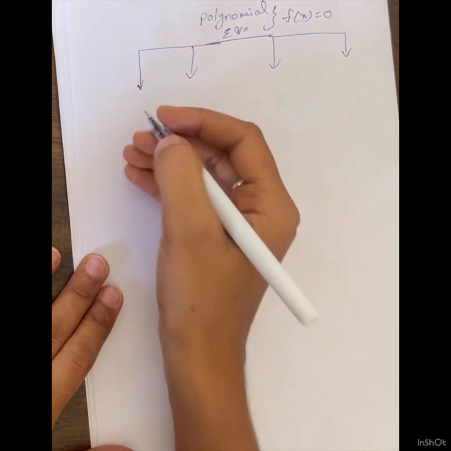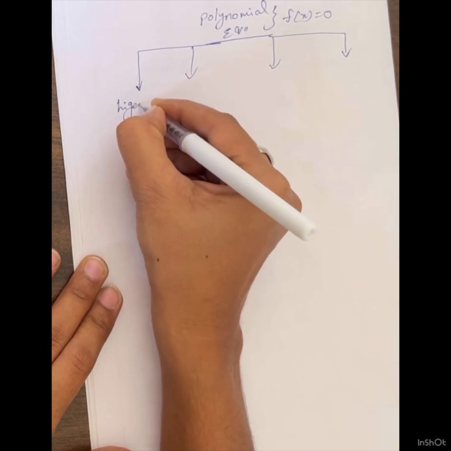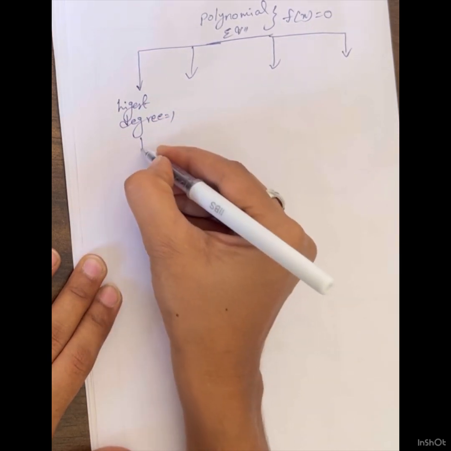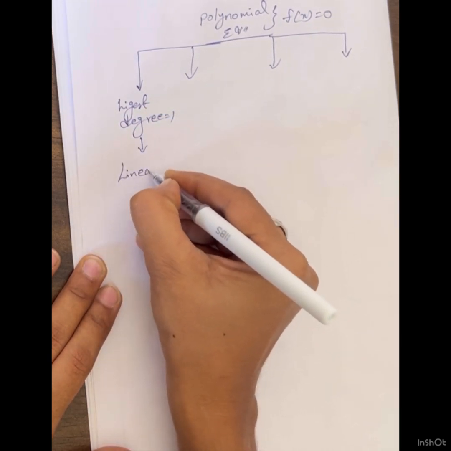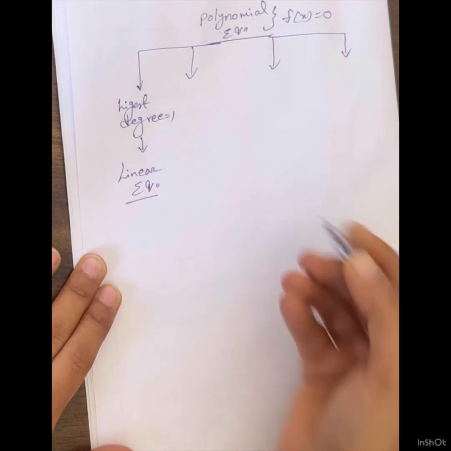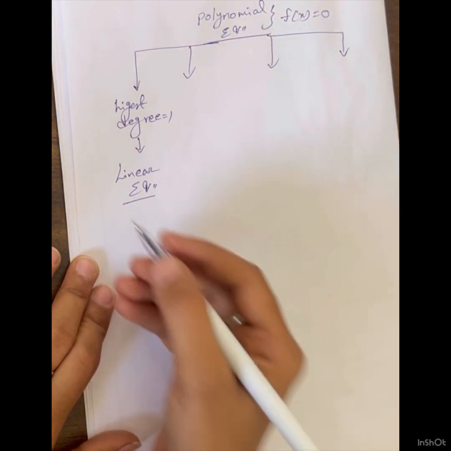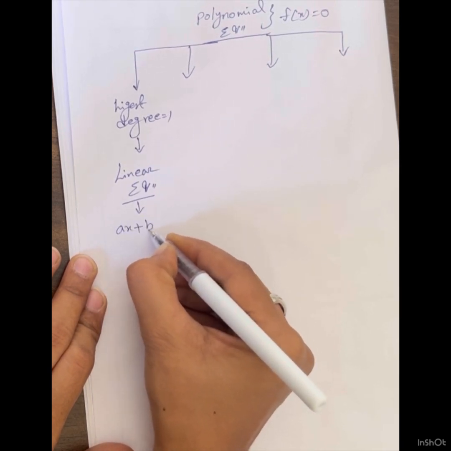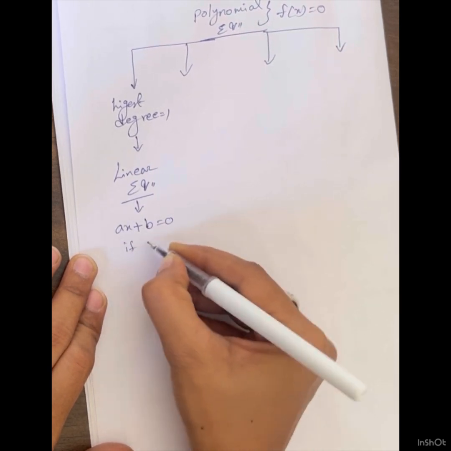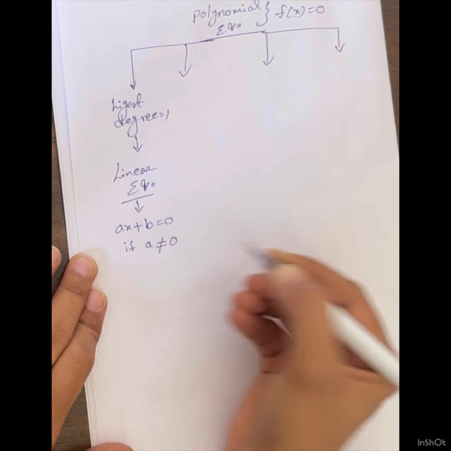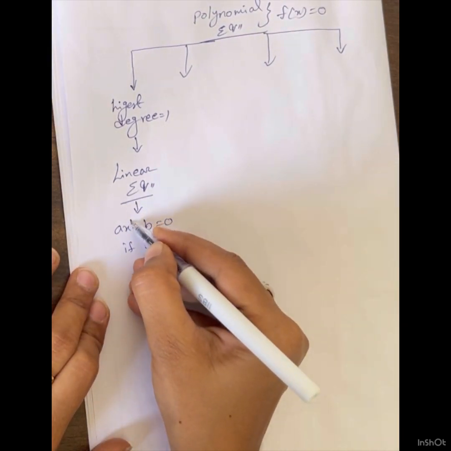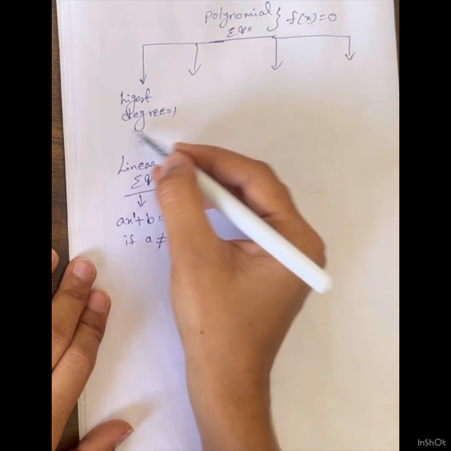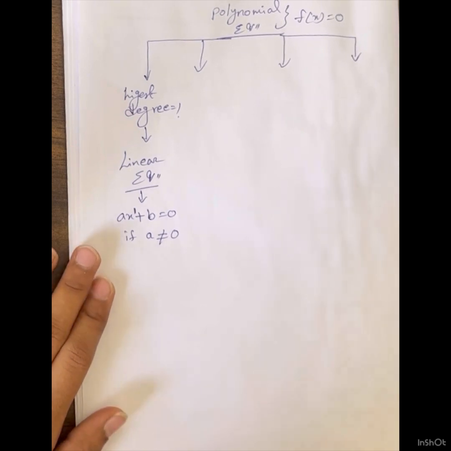If the highest degree is 1, this is nothing but a linear equation. Generally a linear equation is in the form of ax plus b is equal to 0, where a must not equal 0. Because the highest power is 1 here, x power 1 is the highest power. So the highest degree is 1, that is nothing but the linear equation.